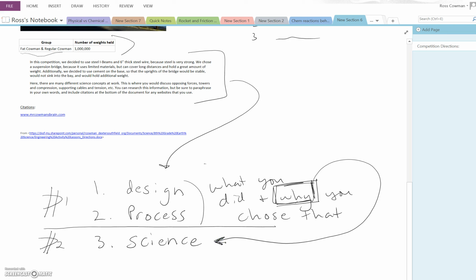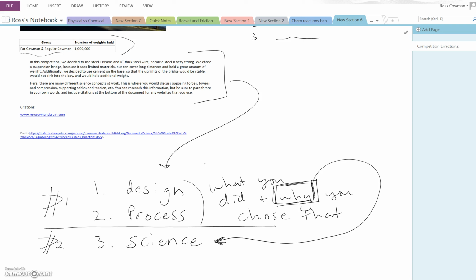So it's quite possible that as you're describing your design and the process you took to build whatever your competition was, you might actually be talking a lot about the science. So you might have your science woven into your description of the design and the process, and that's totally fine.